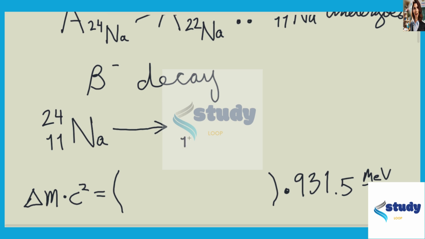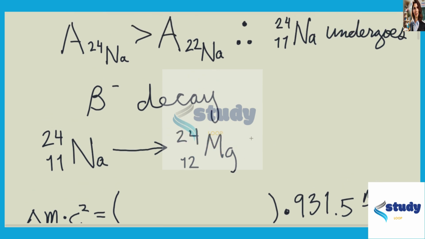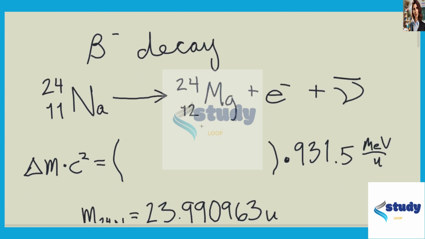So the element that has an atomic number of 12, Z equals 12, is magnesium. It has the same atomic mass number of 24 here because the total number of protons and neutrons is conserved in a beta decay. And we have a resultant electron, and we have an emergent antineutrino.